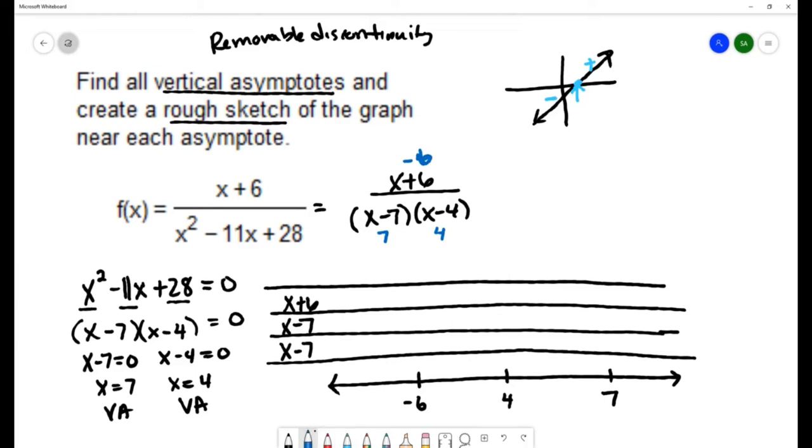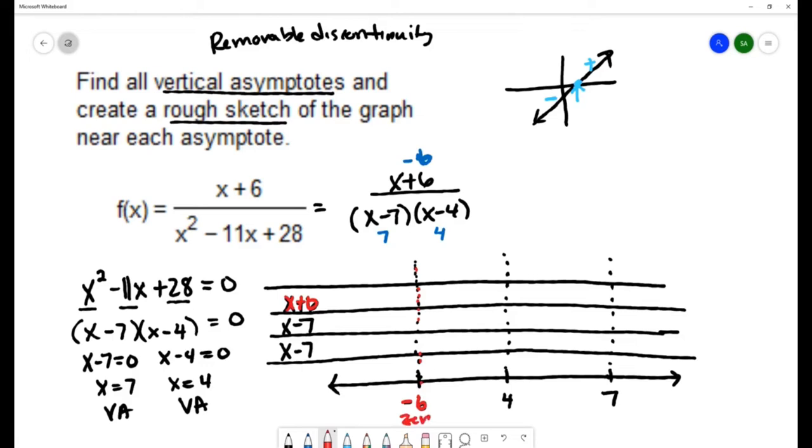So let me draw little vertical dashed lines on all of these numbers to separate out my number line. And for this factor of x plus 6, it has a 0 of negative 6, and it will change signs over that value. That value is the 0.